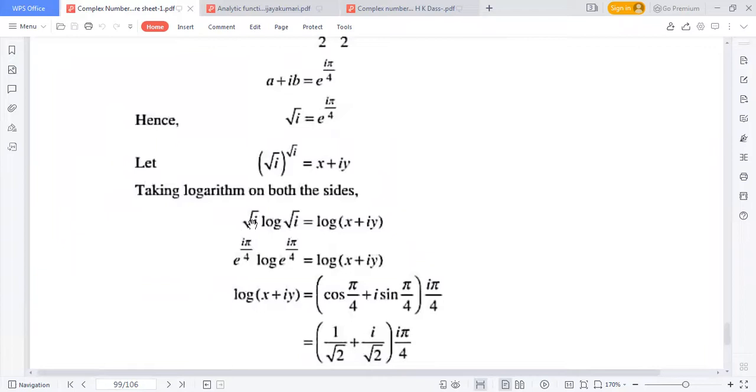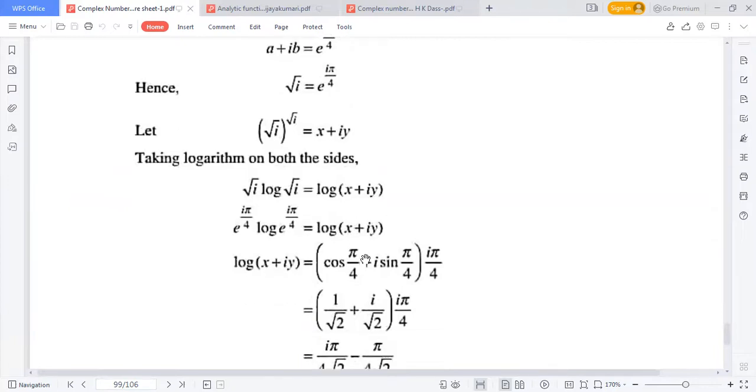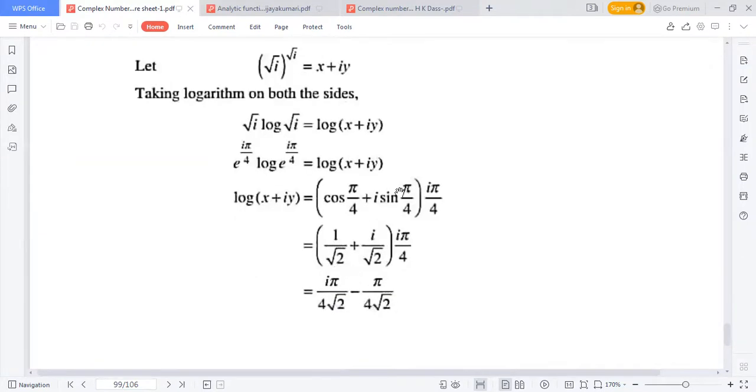Root i equals e to the power i pi by 4, and log of e to the power i pi by 4 equals log of x plus iy. So this means, by the e to the power i theta formula, cos theta plus i sin theta, where theta equals pi by 4, and log e is removed. So i pi by 4. Now cos 45 degrees equals 1 by √2, sin 45 degrees is the same value, 1 by √2.